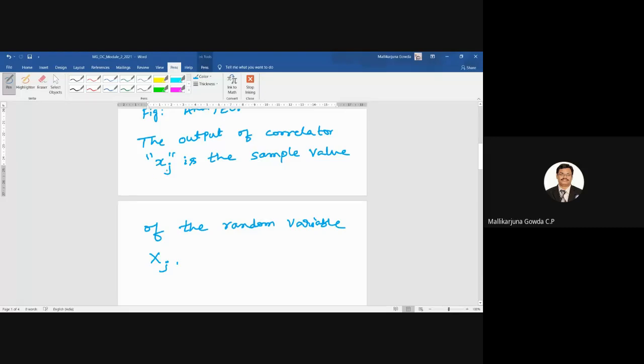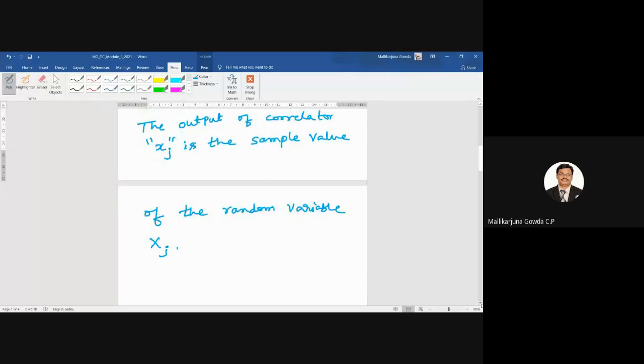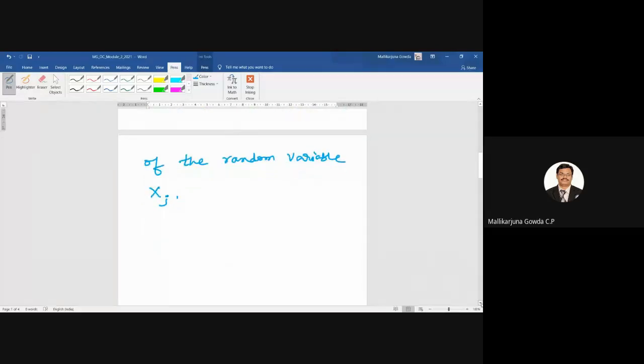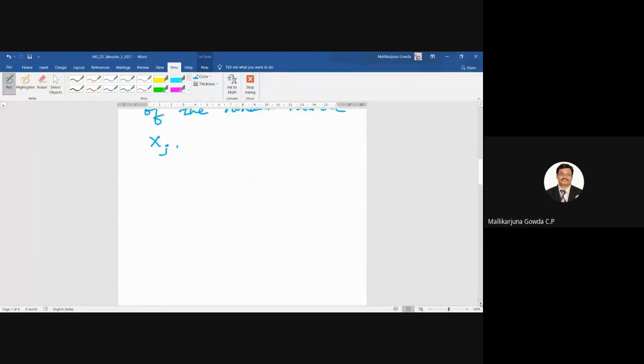What is the small xj? It is the sample value of the random variable capital Xj. So capital Xj is the random variable, and its sample value I denoted by small xj. So how do I define the sample value? Maybe from the diagram you will be able to tell what is small xj.